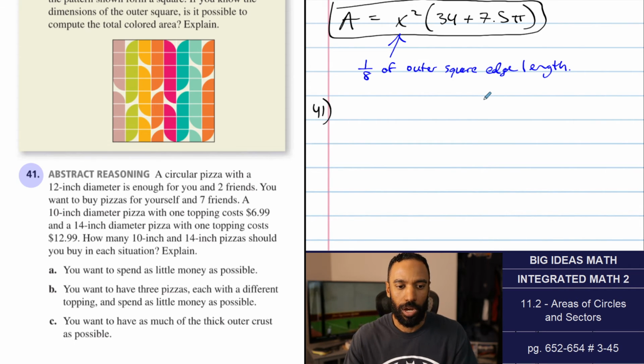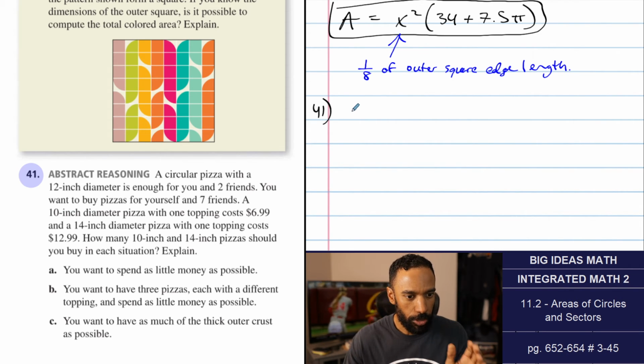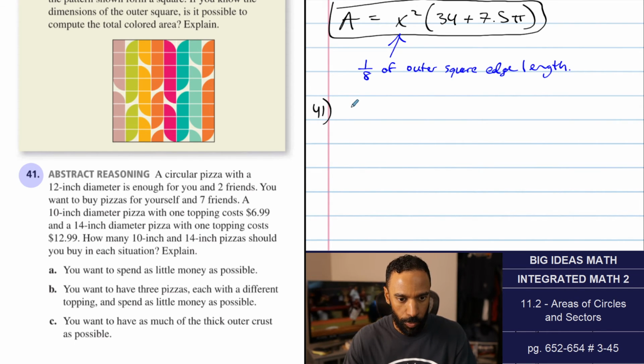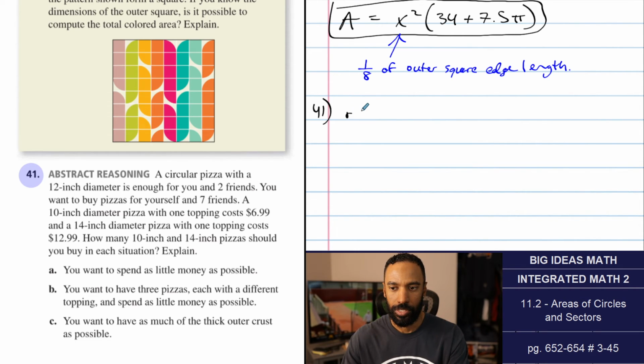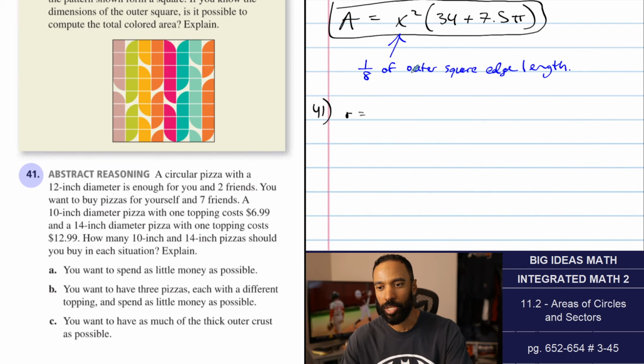So, a circular pizza with a 12-inch diameter is enough for you and 2 friends. That's 3 people. So pi r squared, 12-inch diameter. The only problem is color coding all this.